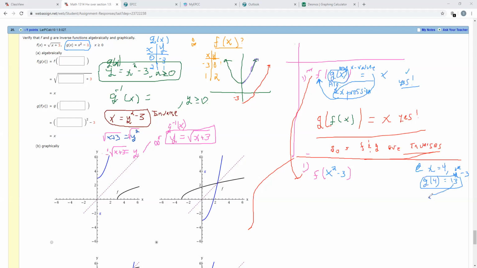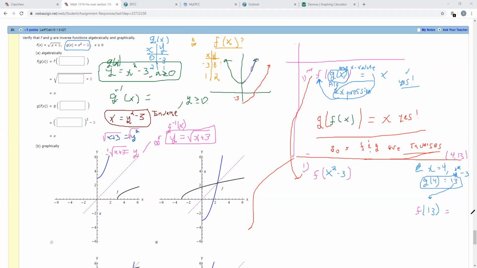Now take this range value and put it into the other function, f, so we would have 13 going into the function f, and we better get 4 back, because that's what we started with. This means 4, 13 is on the graph of G.